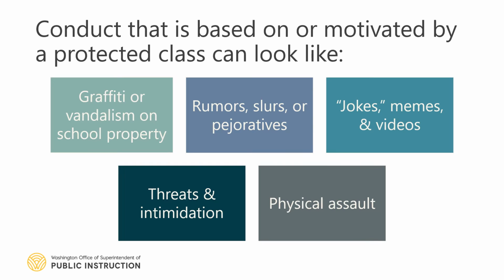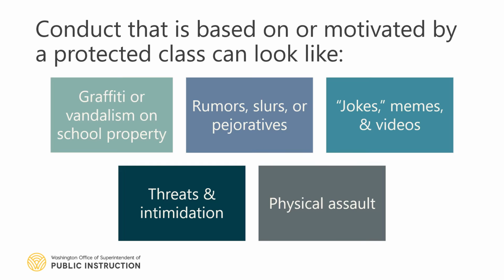Let's start with what is meant by conduct or communication that is based on or motivated by protected class. This can include a wide range of actions and words. For example, graffiti or vandalism on school property, the use of rumors, slurs, or pejoratives, jokes, memes, and videos, threats and intimidation, and physical assault.